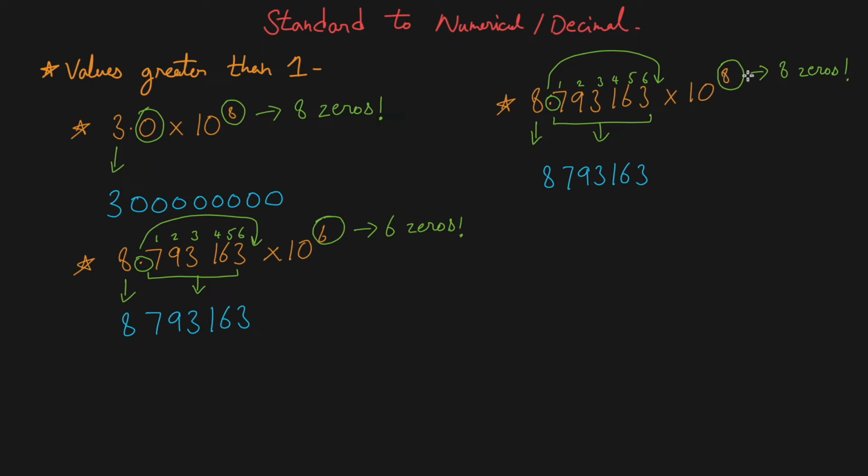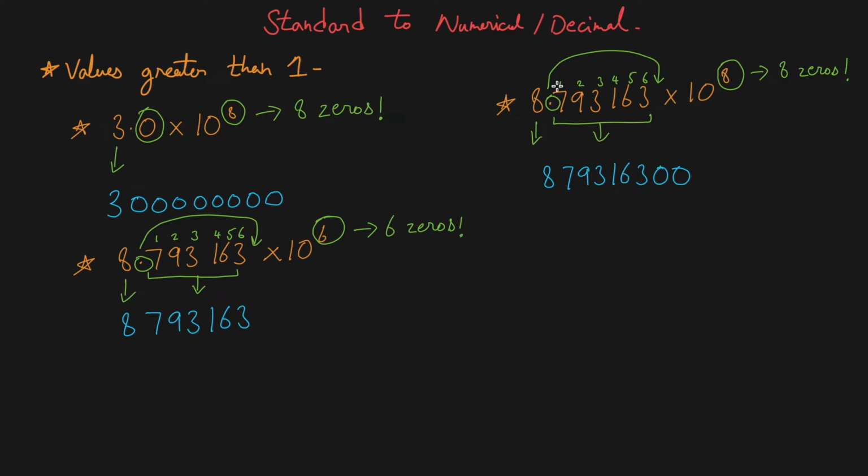So 8 minus 6, we have 2 remaining, 2 zeros. So we will just introduce the 2 zeros here, and that's the answer for it.